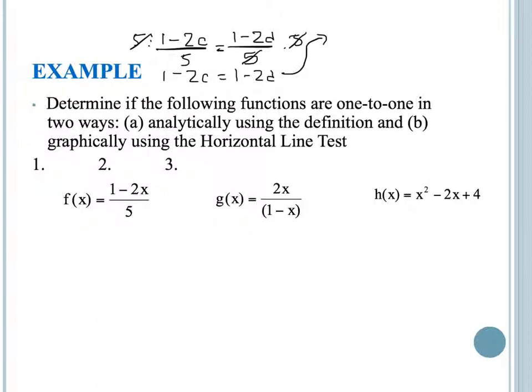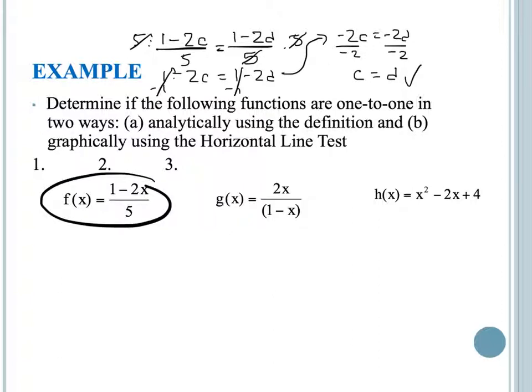If I subtract 1 from both sides, they're gone. So I have negative 2C equals negative 2D. And I think you can see that if I divide by negative 2, I have C equals D. This is my analytic check to verify that we have a 1-to-1 function.